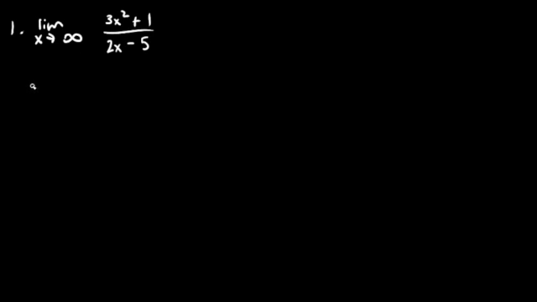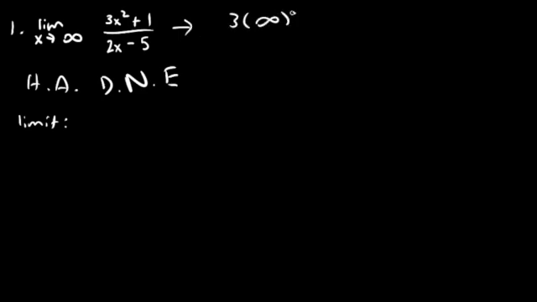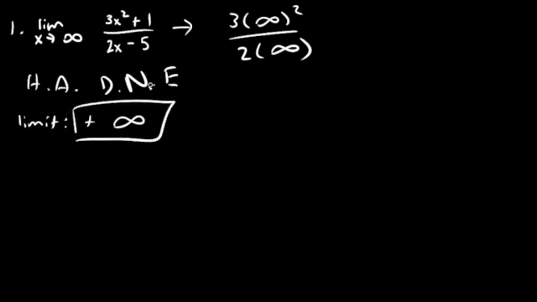And that shows that the horizontal asymptote does not exist, and the limit would be, so if we plug in infinity for this, we get 3 times infinity squared over 2 times infinity, right? And both these infinities are positive because when you square something, it's always positive, and the bottom, we already plugged in a positive infinity. And so the answer for the limit would be positive infinity. The horizontal asymptote does not exist, and the limit is positive infinity.